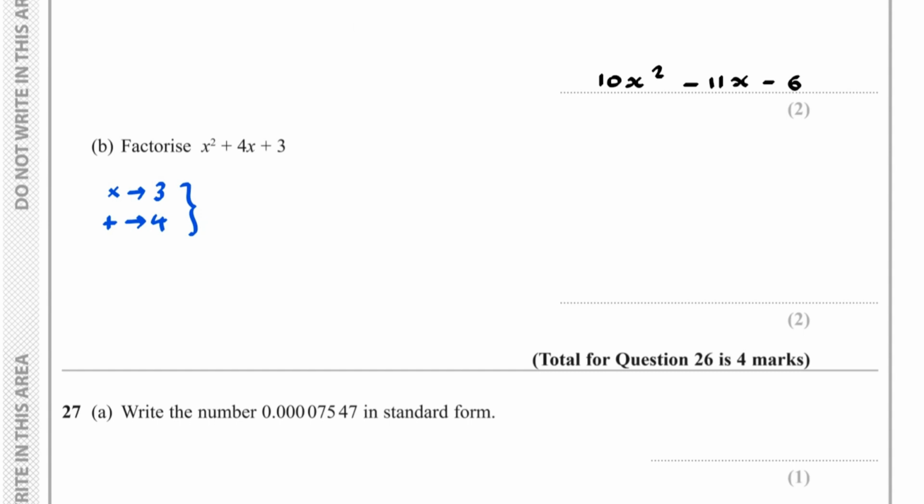You'd find those two numbers to be 3 and 1. So when we come to factorize, we would have x plus 3 multiplied by x plus 1.